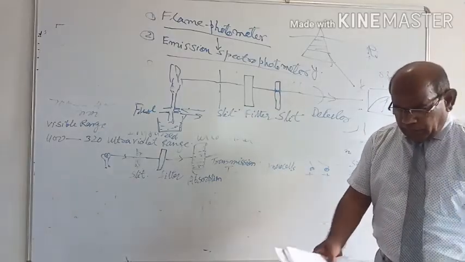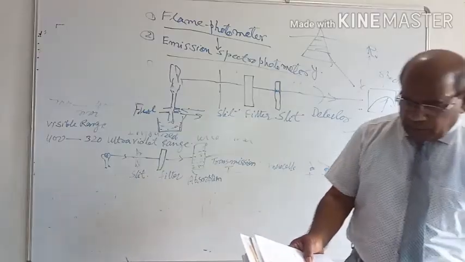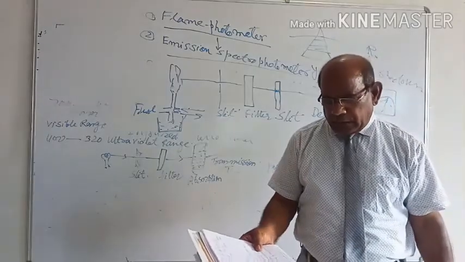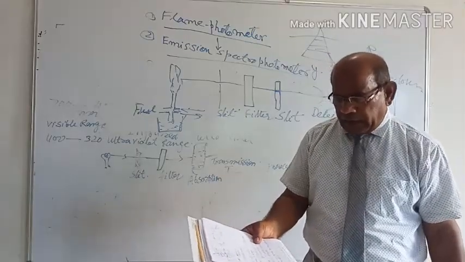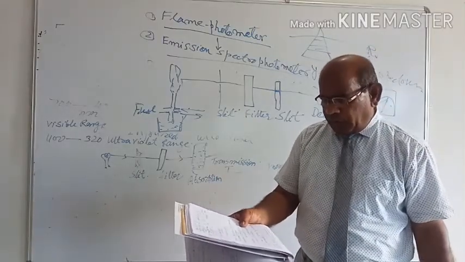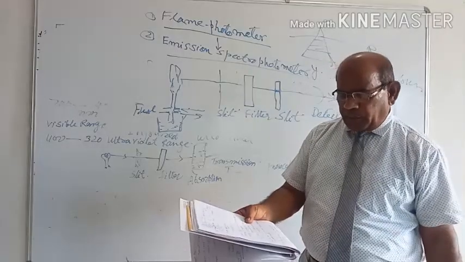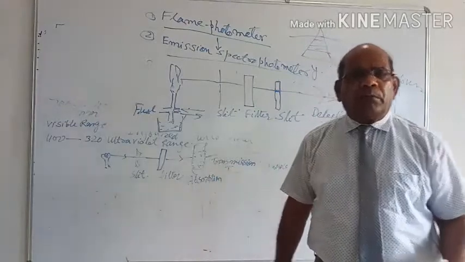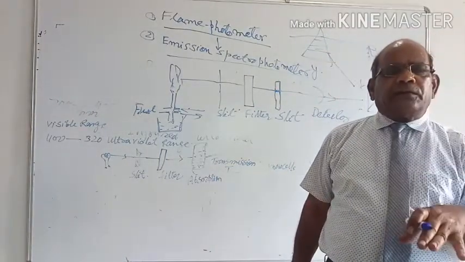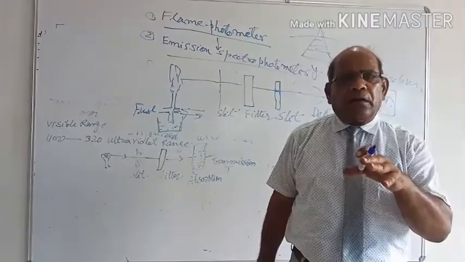The principle is that sodium, potassium and calcium earth metals in a heat flame get their atoms excited and emit light, the spectrum specific to the element from its ground state. The atom when in resting position is known as ground state.